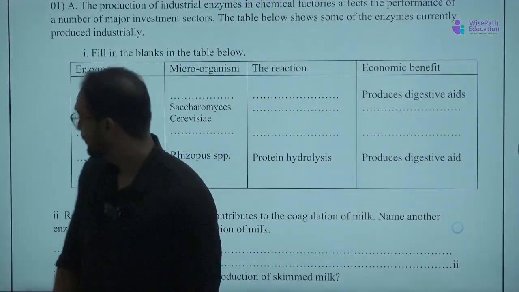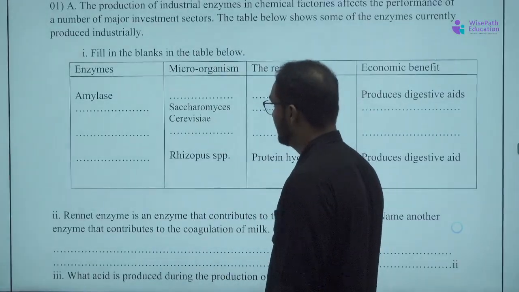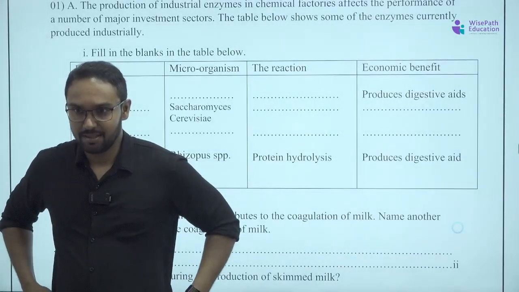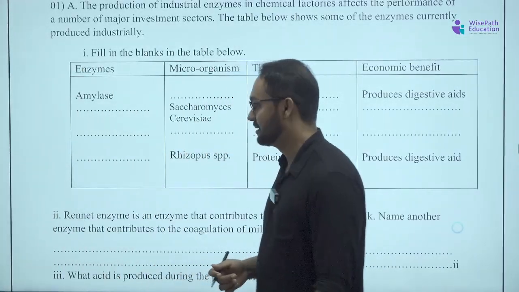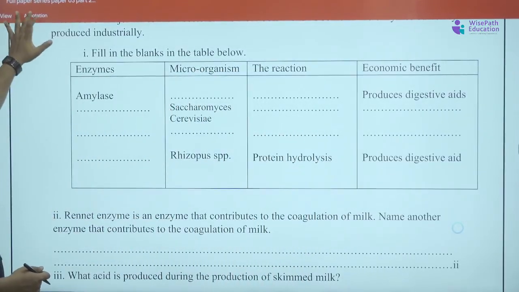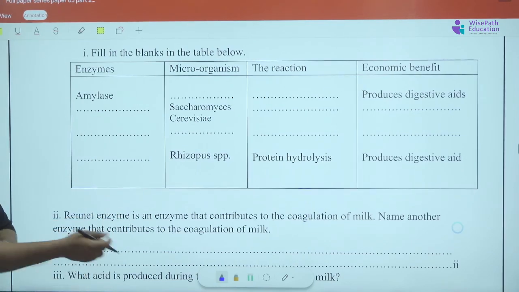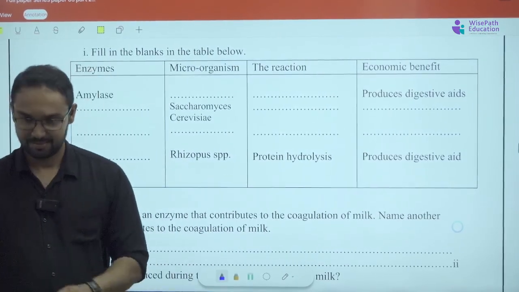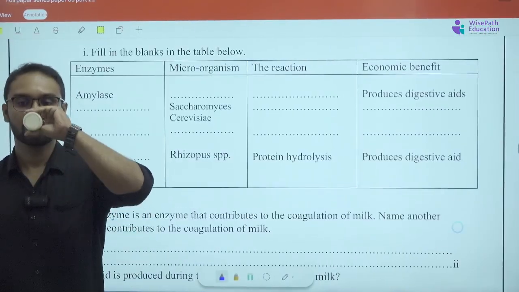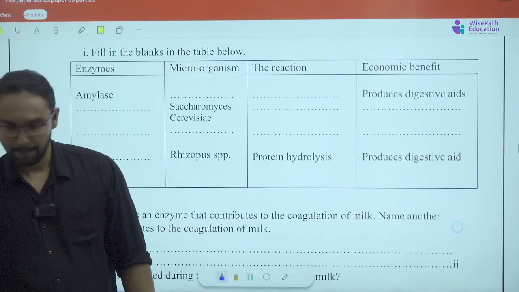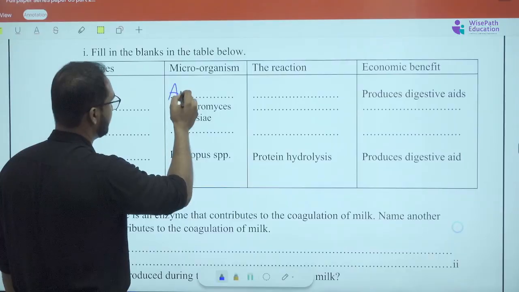Right, shall we start? The first enzyme given is amylase. Which organism is responsible for producing the amylase? It's Aspergillus oryzae.